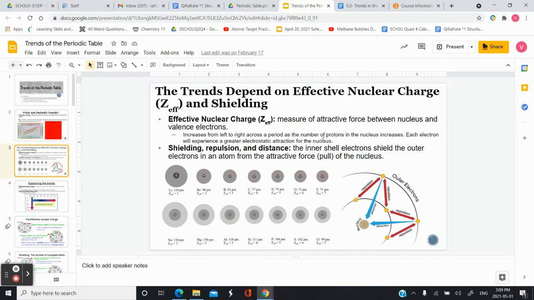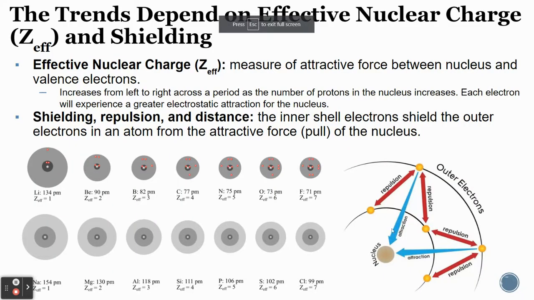Now, another factor that's involved in these trends is the shielding, repulsion, and distance of the outer electrons from the nucleus. So the shielding effect can best be represented using this figure over here. So here are the outer electrons, and here's the nucleus. You'll notice that the nucleus pulls the electrons in.